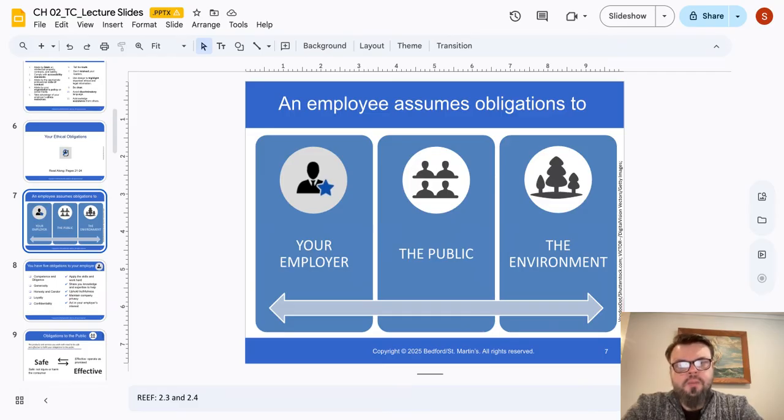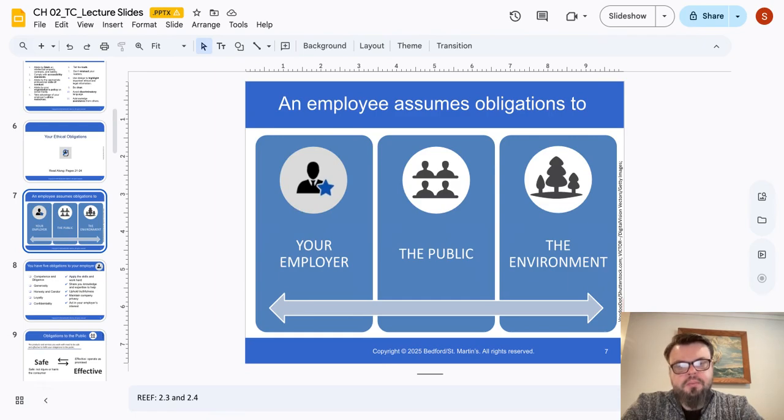At the same time, the public depends on accurate, clear, and honest information to make safe and informed decisions. And beyond that, organizations and employees have responsibilities to the environment, especially when their work contributes to pollution, waste, or long-term harm. Ethical challenges arise precisely because these responsibilities can come into conflict.